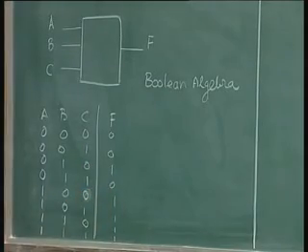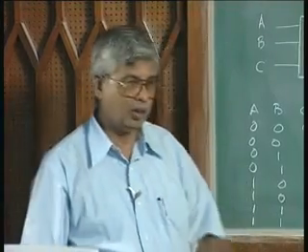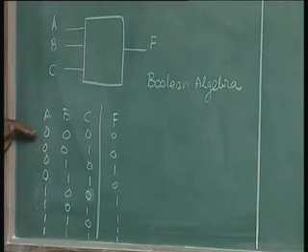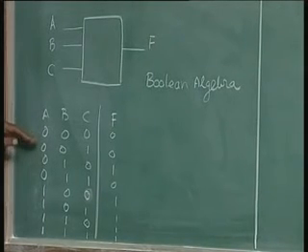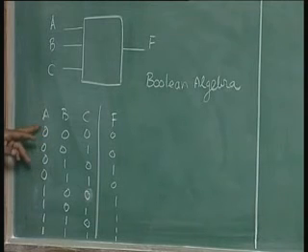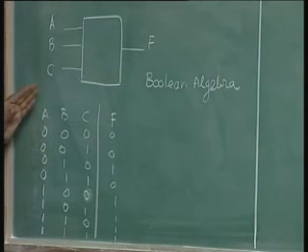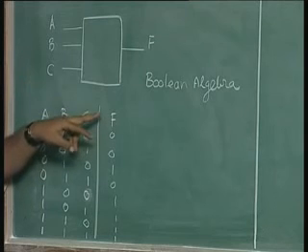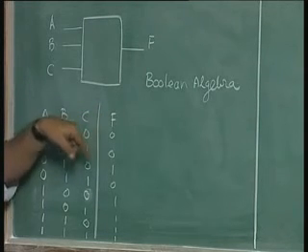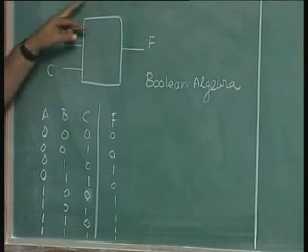This is the truth table, as we called it. I also mentioned that each of these rows is called a min term, wherein all the inputs are present either in the true form or the complement form. And you can write a function in true form as a sum of products.